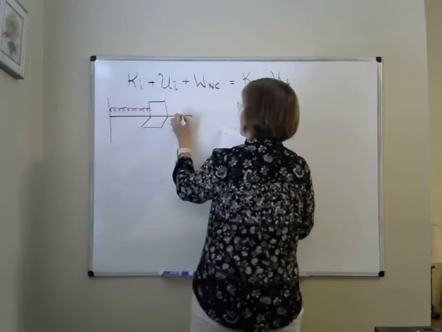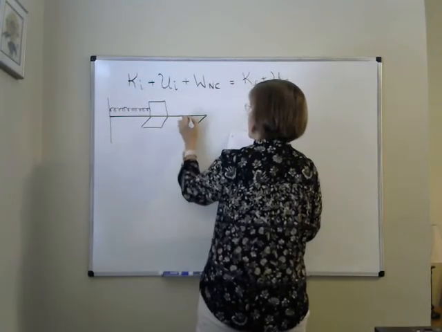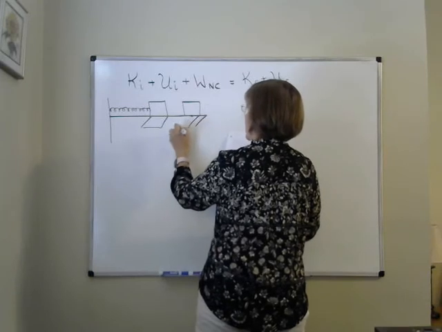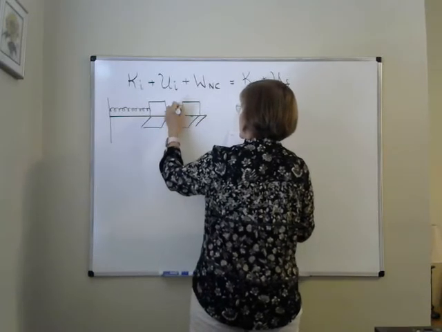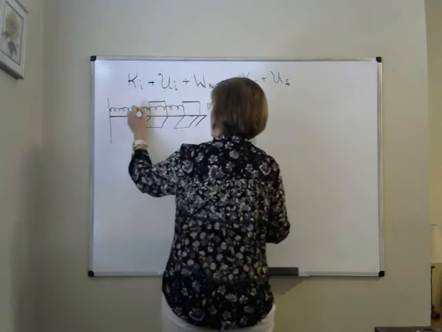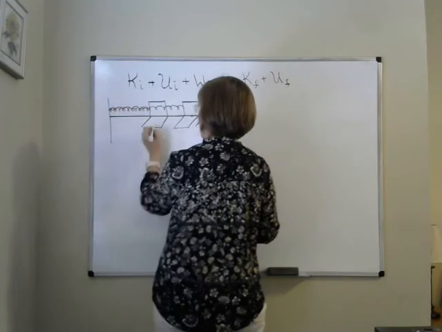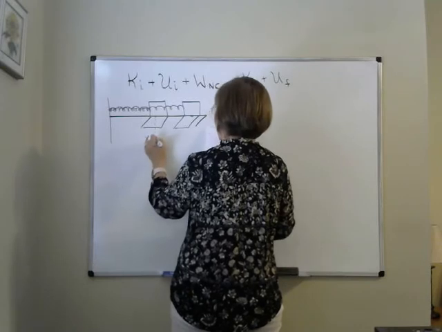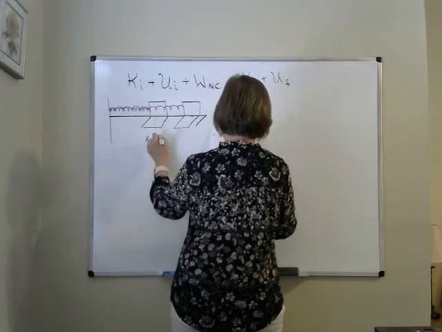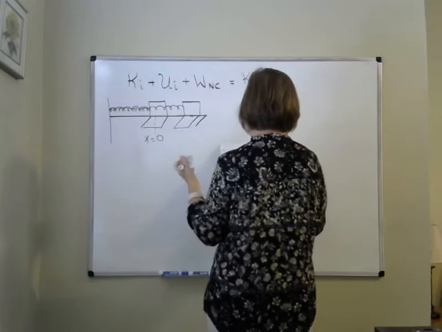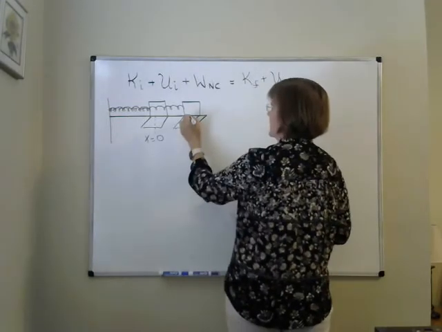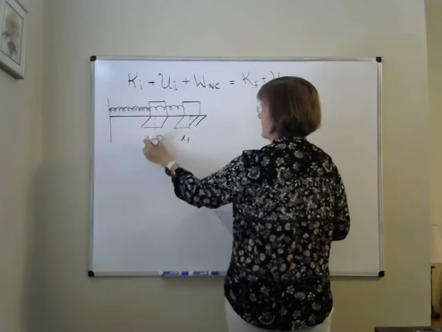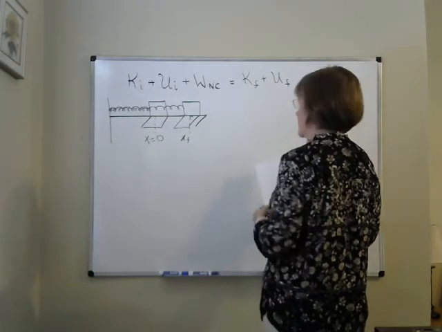And then it's pulled out here farther, so that the spring gets stretched. And it's released. So generally, we'll call this 0. And here is some new position. I'll call that x final. So we started at 0, and we pull it out to some other point.